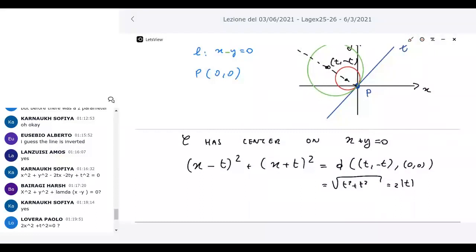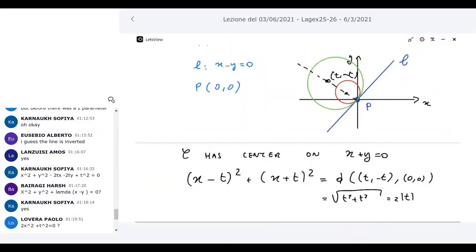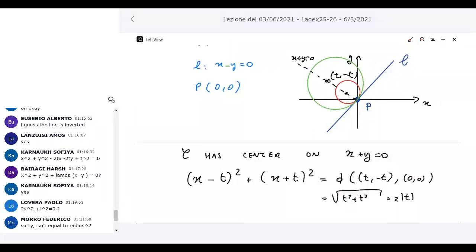And in this way, we produce all circles having center on the line x plus y equals 0 and having distance from the origin equal to the radius. Oh, sorry, there is a square here. This is my bad again.